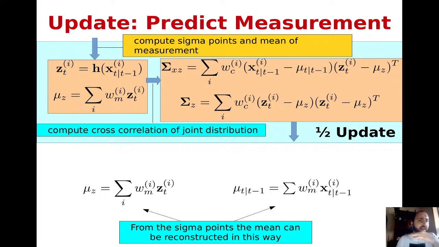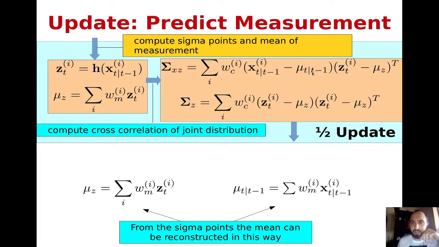To compute the Kalman gain and all the cool stuff that we saw until now. So you have those guys, compute a weighted average to get the mean of my predicted observation, right? Then I have to compute also these terms, which will be useful during the second part of the update. That's the cross correlation term.